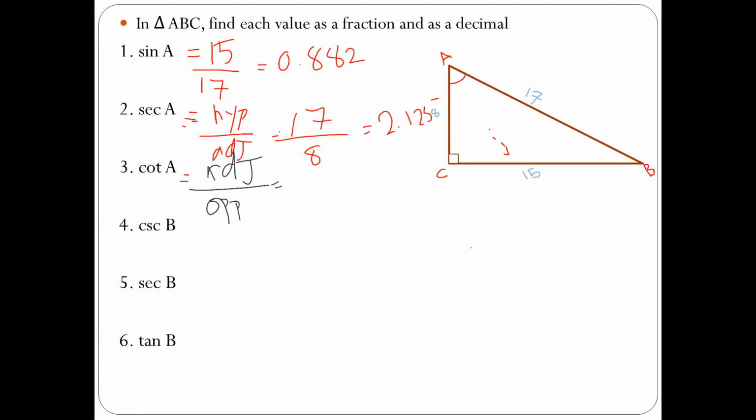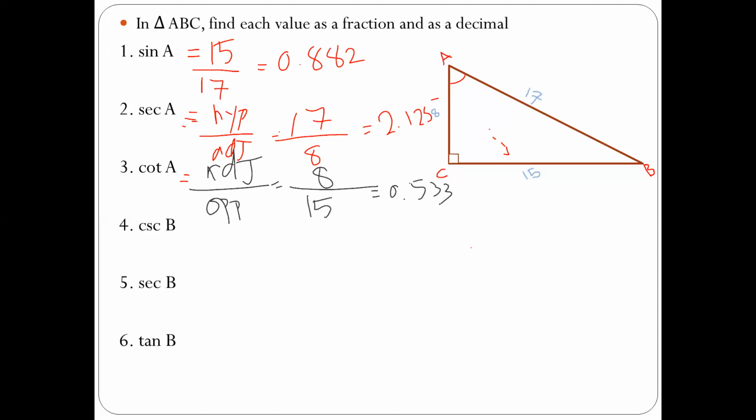What is the adjacent for A? It is 8. What is the opposite of A? It is 15. So adjacent over opposite is 8 over 15, which is 0.533.